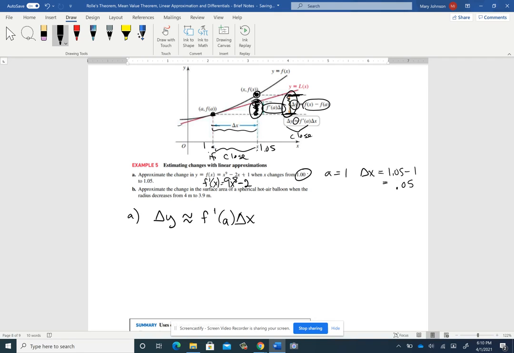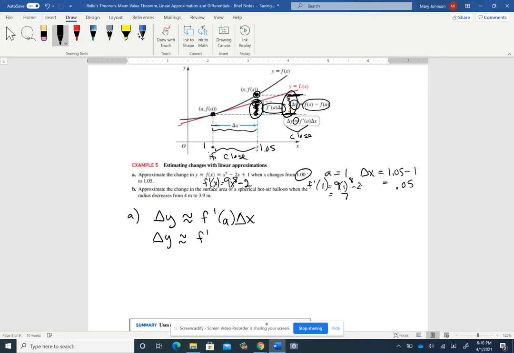So if I need f prime of A, I need f prime of 1. I just plug a 1 into that, and that's going to be 9 times 1 minus 2, which is 7. So I'm trying to estimate the change in y.